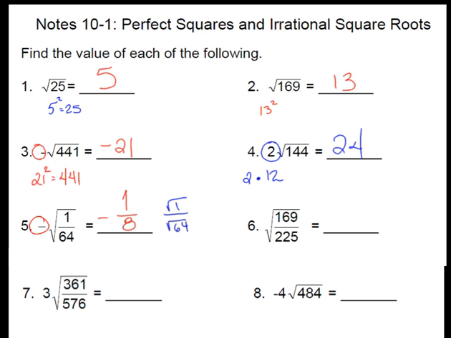So the square root of 1 over 64 is 1/8. For number 6, the same type thing. You take each the numerator and the denominator separately. The square root of 169 is 13. And the square root of 225, well, that's 15 times 15, so that would be 15.